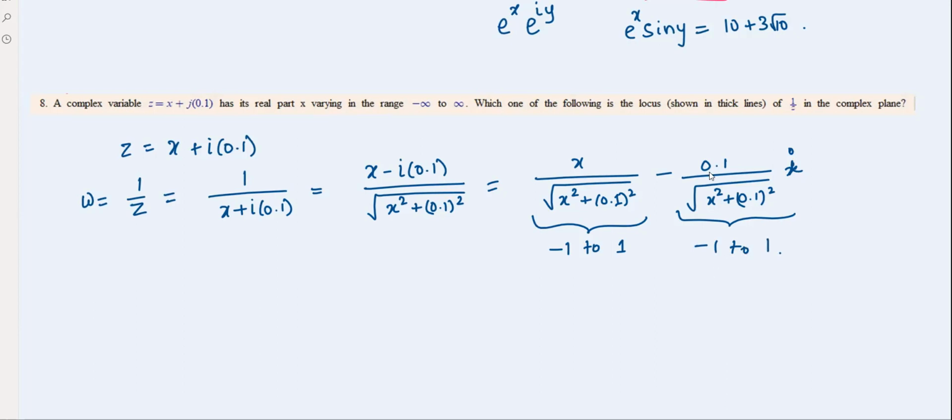No, this will not, because this is always negative, so it varies from -1 to 0.